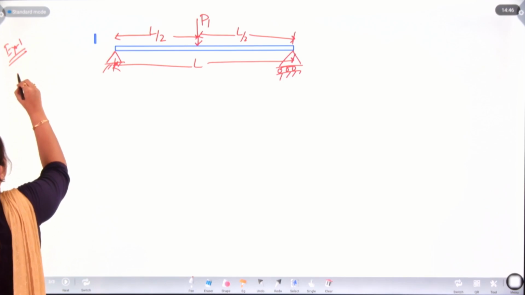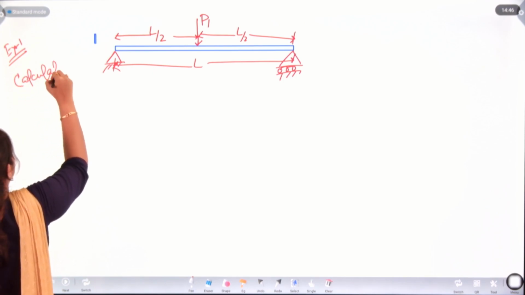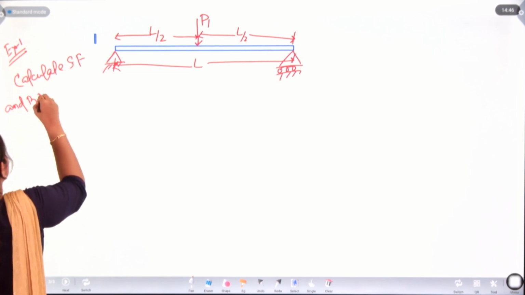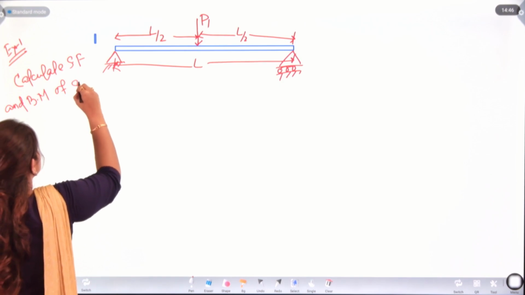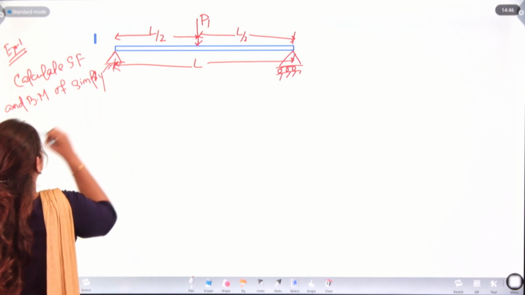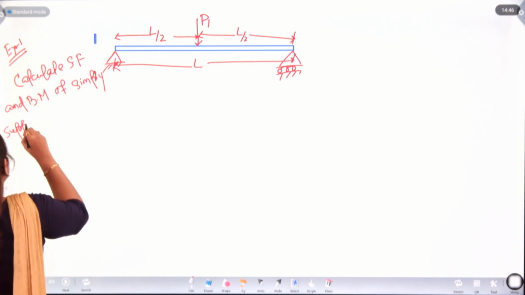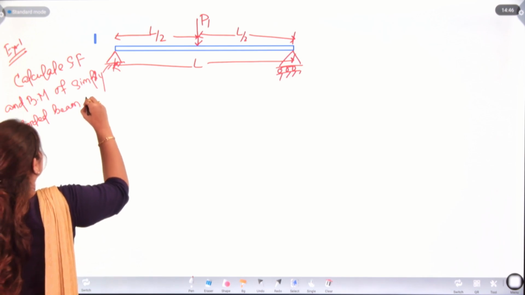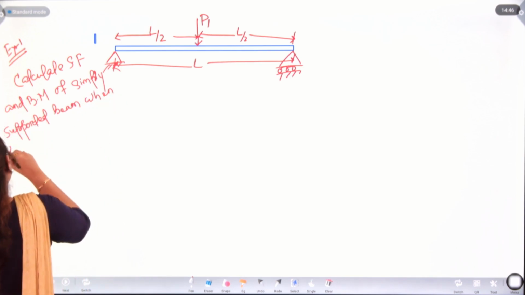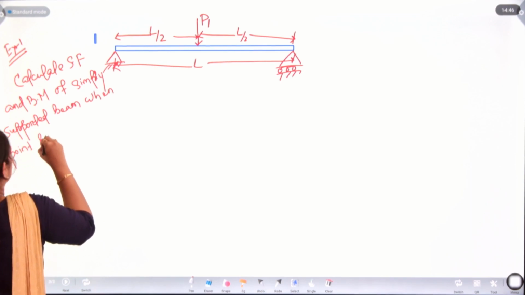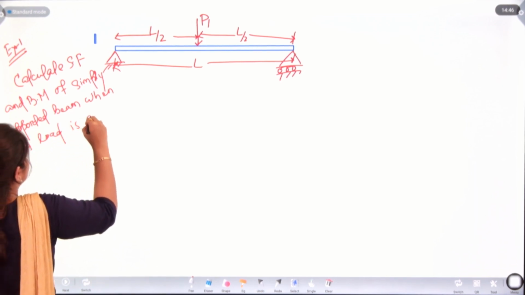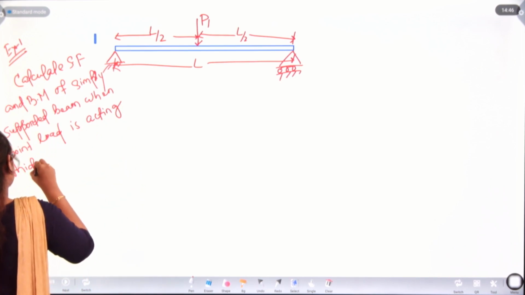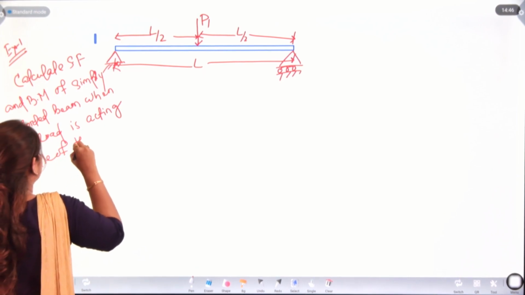Example 1. The question will be: calculate SF and BM of a simply supported beam when a point load is acting at the middle of the beam.